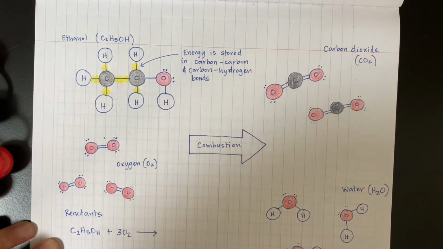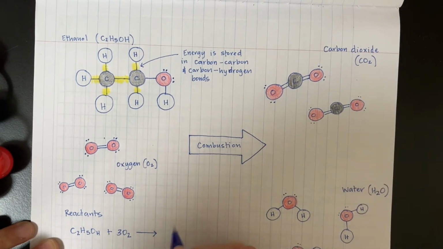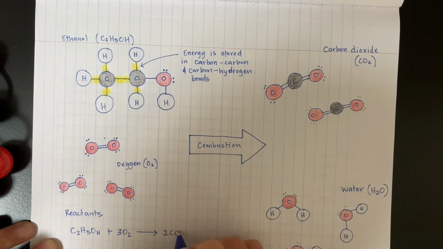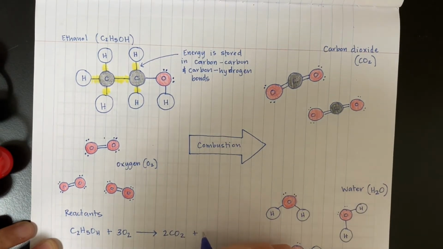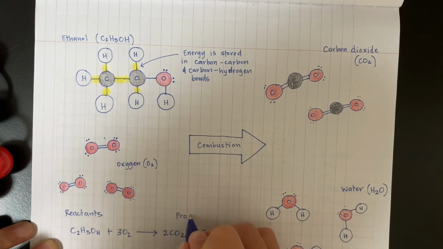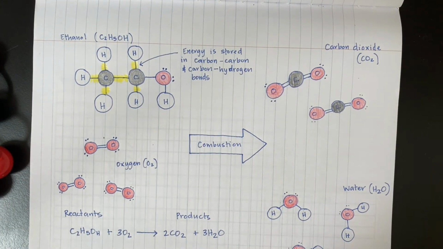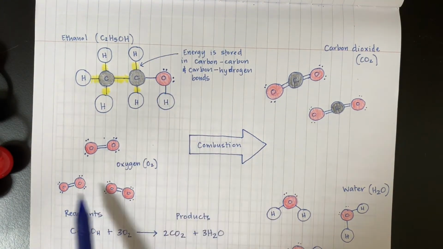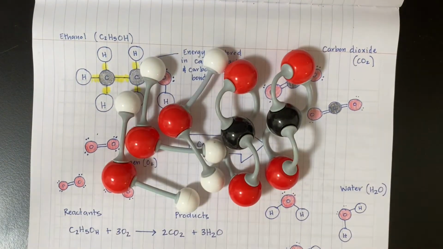And those are going to rearrange into 2 CO2 and 3 water molecules, 3H2O. This side is called my products. And we know that we had the exact same number of atoms on this side as on this side because we used all of the atoms in our modeling.